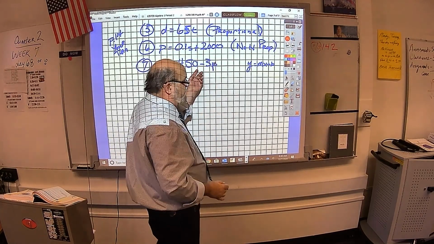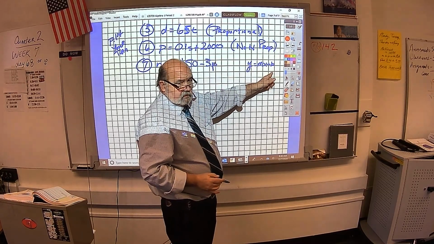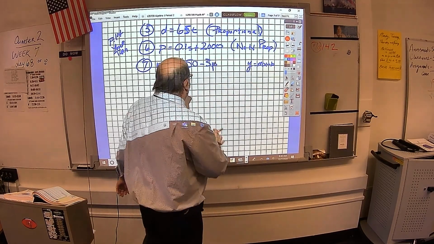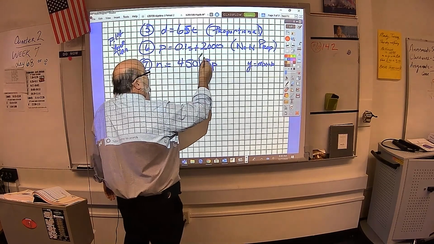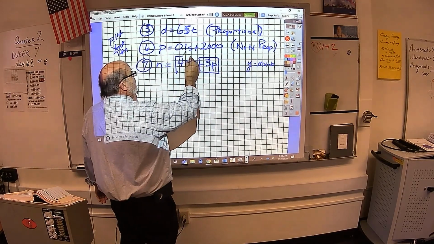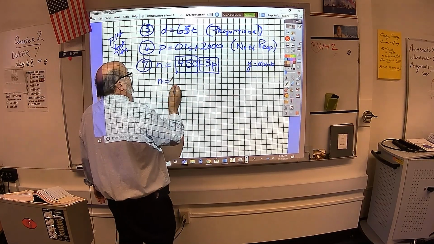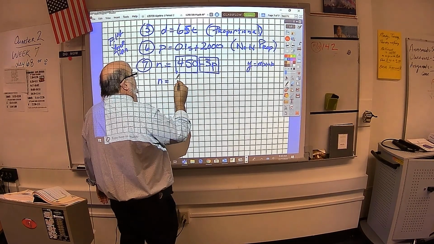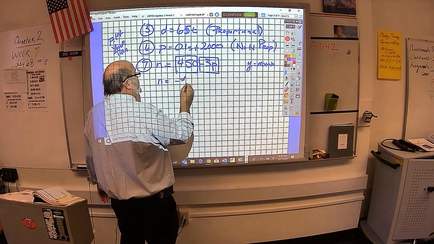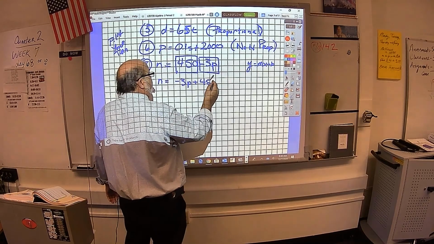The very first thing I want to do to make it look like y equals mx plus b is rewrite it as n equals negative 3p plus 450.